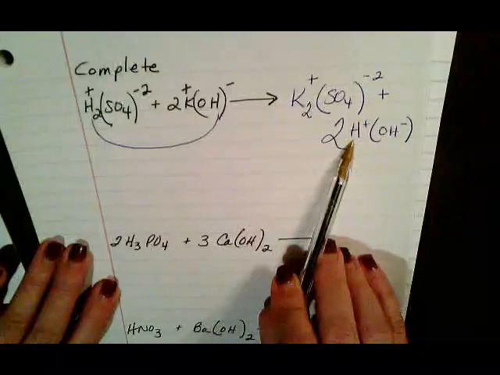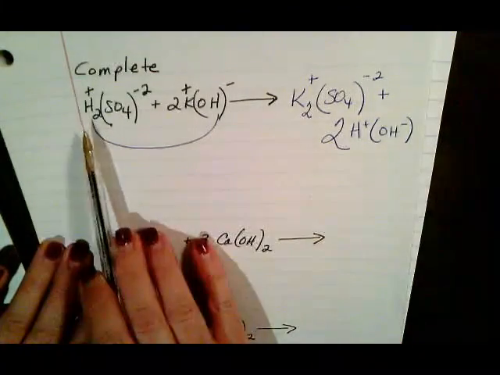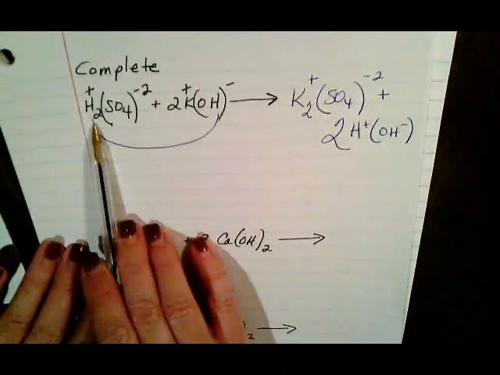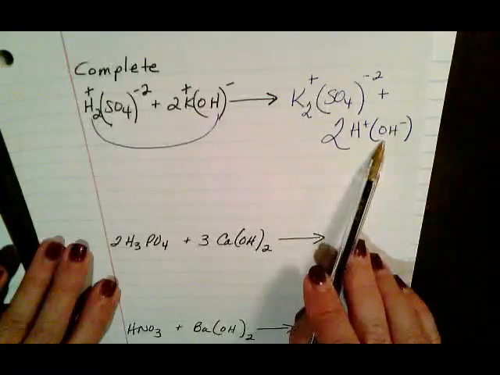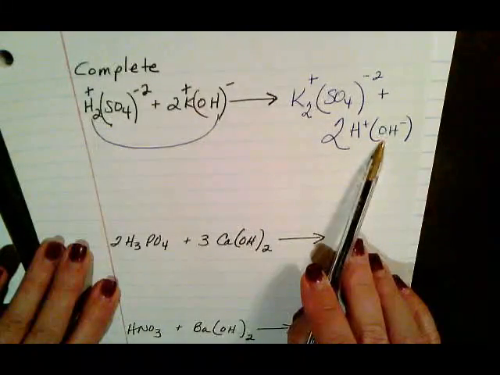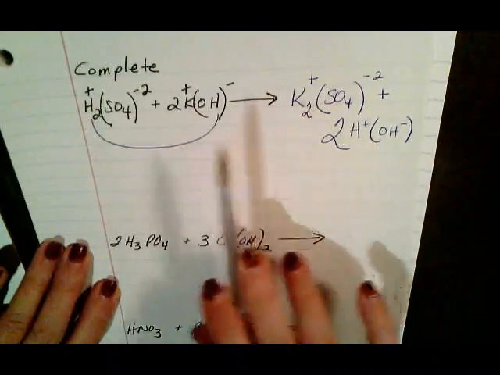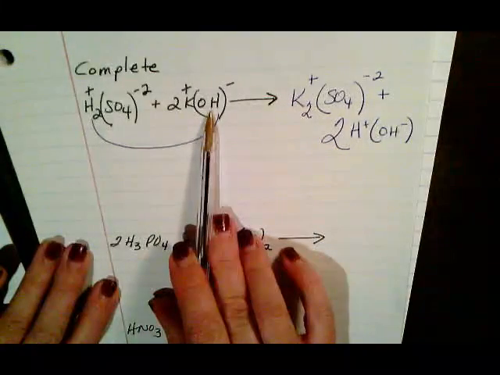So here's the 2 H pluses, right? And these are the 2 H's. 2 now distributes to the hydroxide, and then the 2's up there already. So that looks good. We're done.